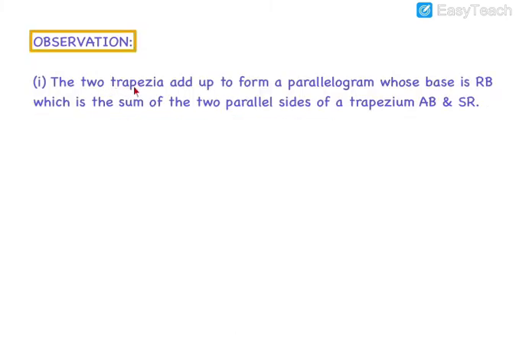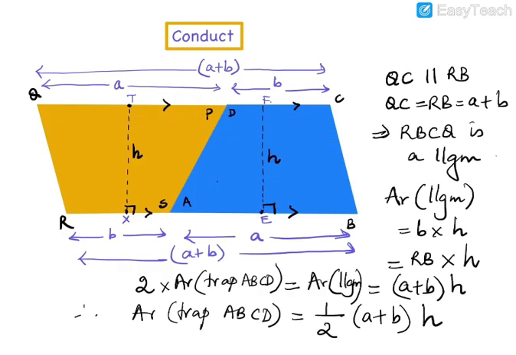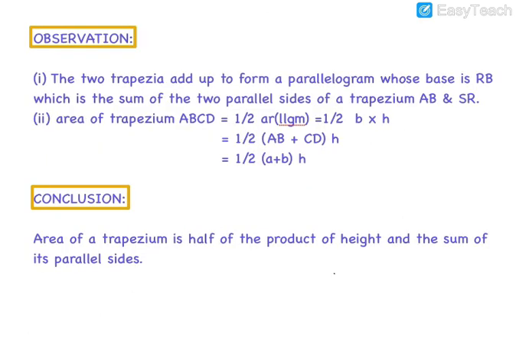Under observation, we will write that two trapeziums add up to form a parallelogram whose base is RB, which is the sum of two parallel sides of the trapezium AB and SR. RB is the sum of AB and SR, that is A plus B. Since this parallelogram is obtained by combining two trapeziums, the area of each trapezium will be half the area of the parallelogram, and the area of a parallelogram is base into height.